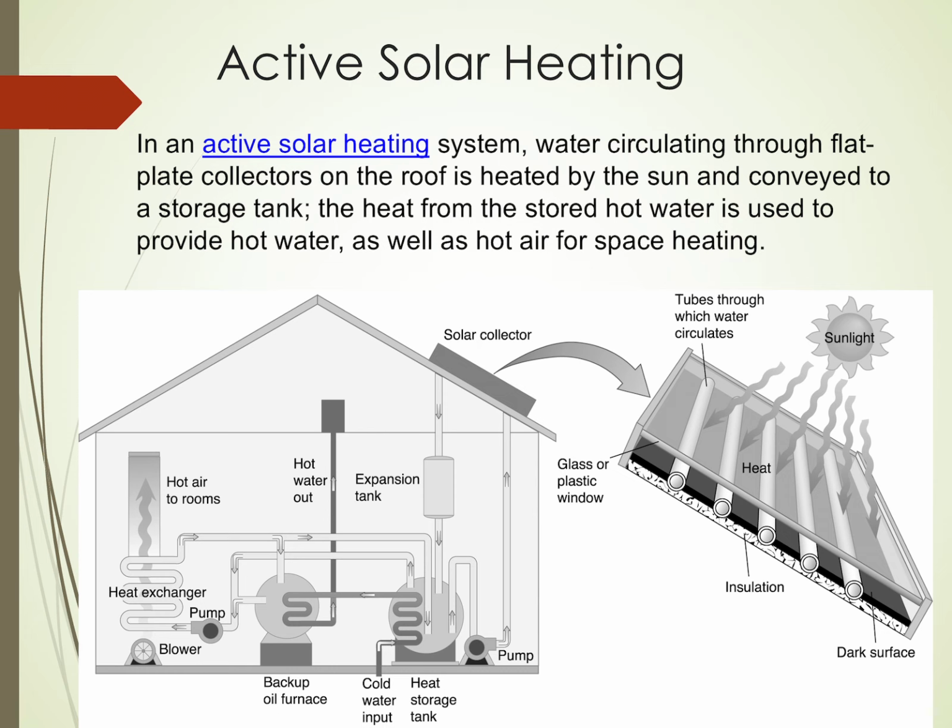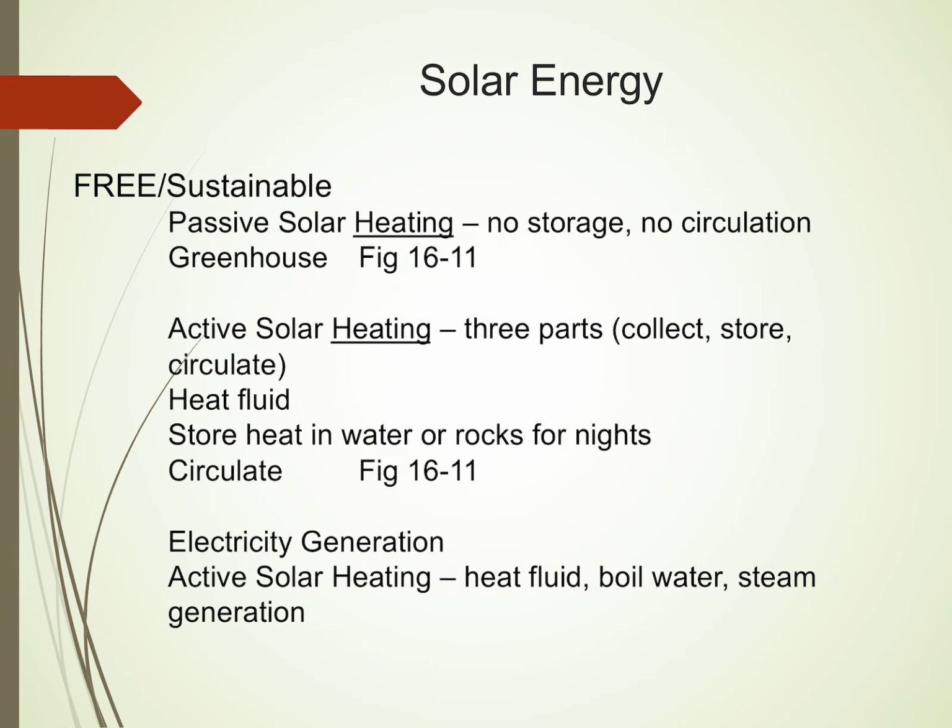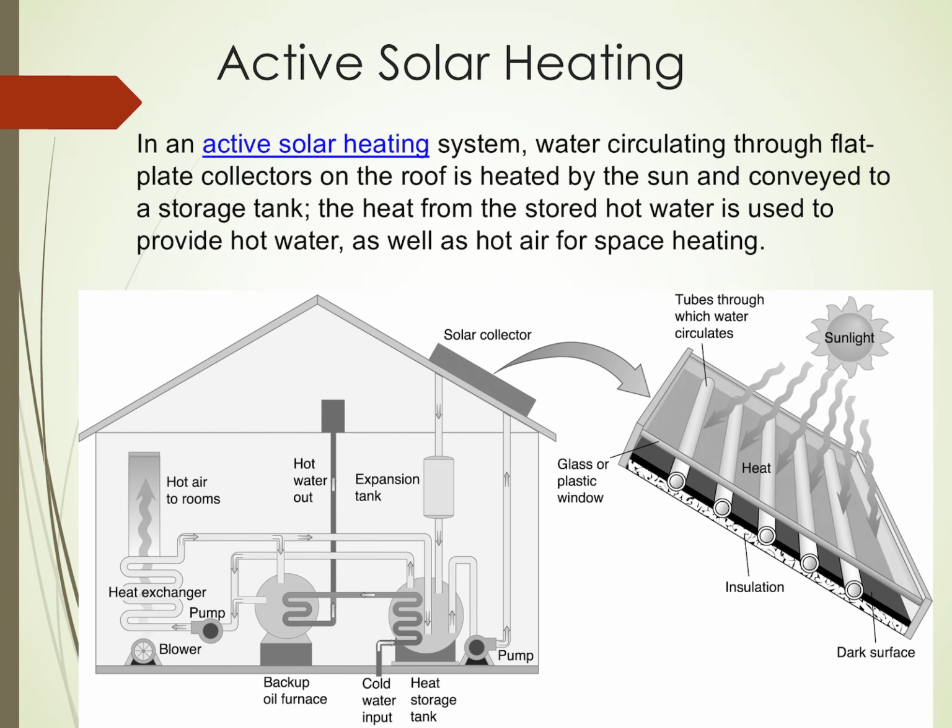So in an active solar heating system, water circulating through flat... No, this is wrong. Okay. This is not active. So this is thermal. This is out of place. Sorry. This is thermal. Here's active solar heating right here. Okay, here's where we're storing it. You're not generating electricity. You're just heating.